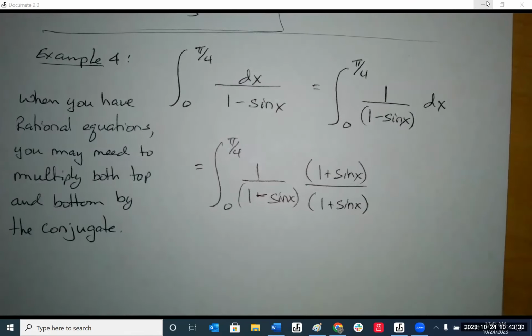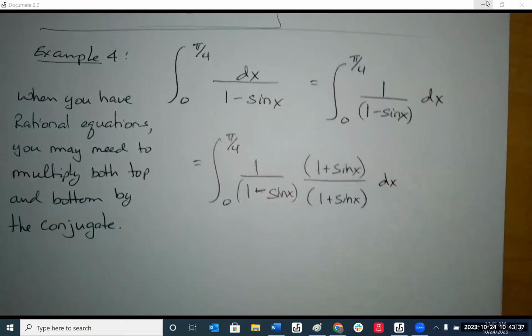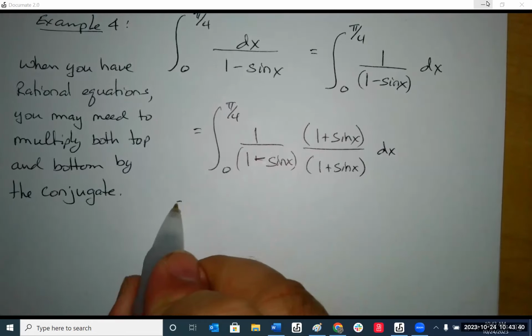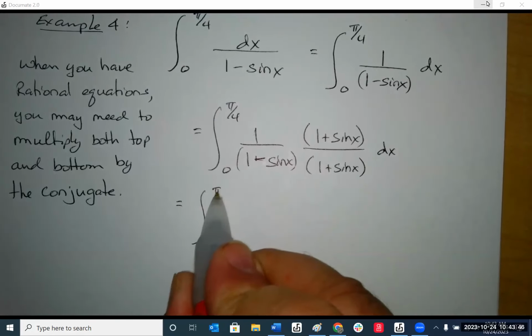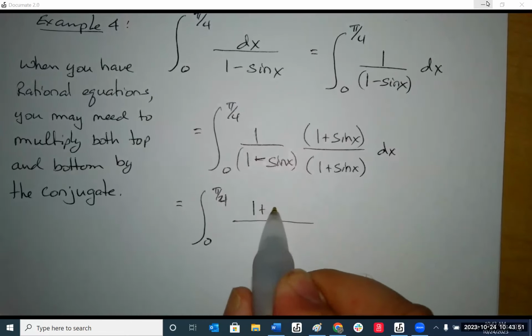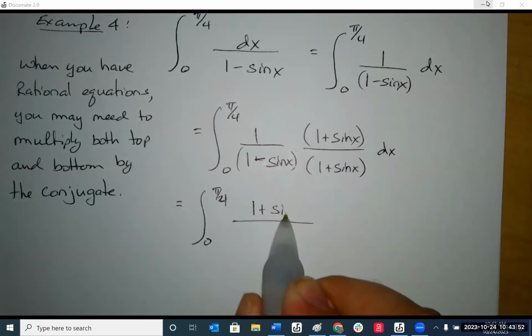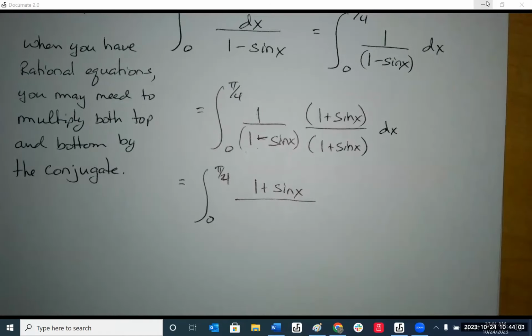You said it, but you didn't say it loud enough. So on top, we simply have 1 plus sine x. And on the bottom, we'll have a difference of two squares. So 1 squared minus sine squared is what? It's cosine squared.